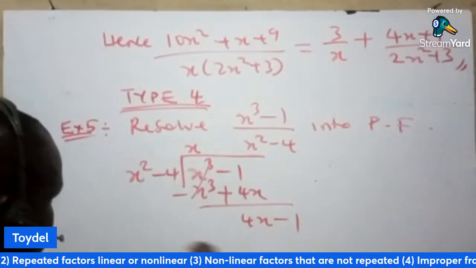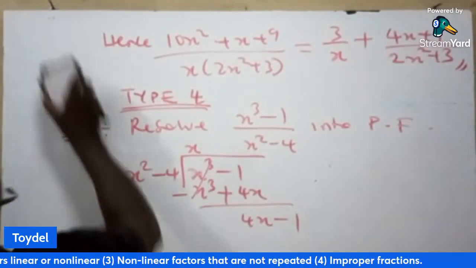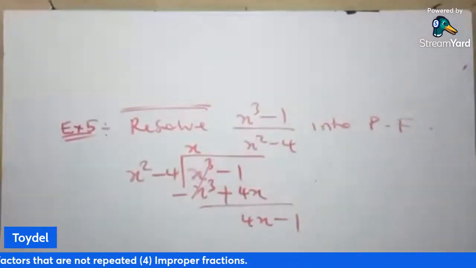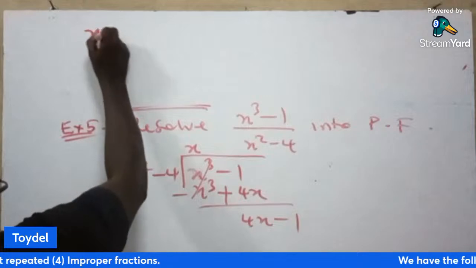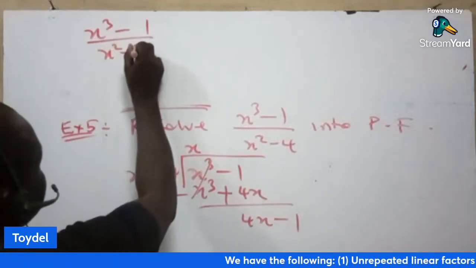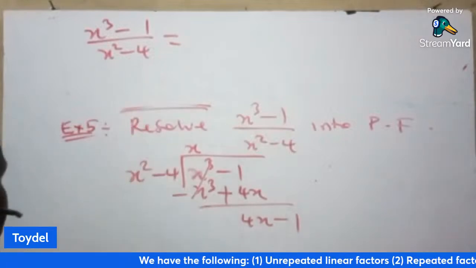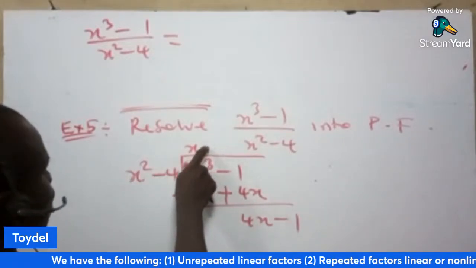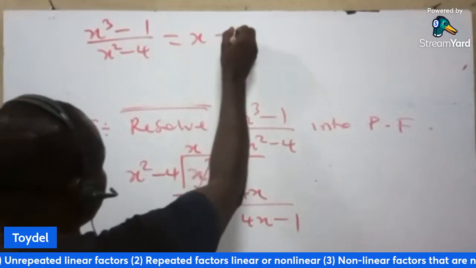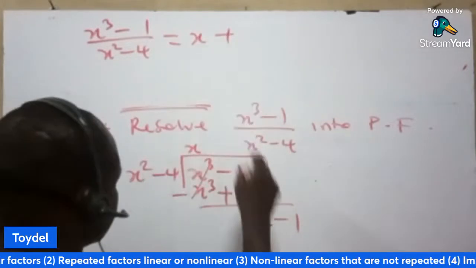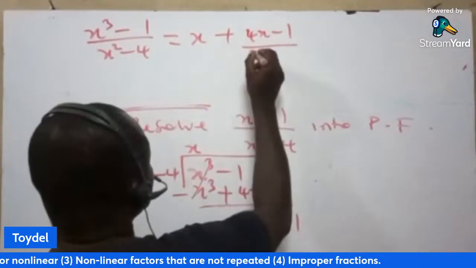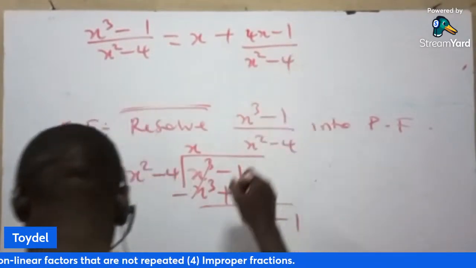Then, if you are able to do this, we can now resolve it. We cannot resolve this directly. We first use the long division method to get what we have on the board. Before we do the resolution, we now say s cubed minus 1 all over s squared minus 4 is equal to your quotient s plus the remainder 4s minus 1 all over the divisor s squared minus 4.